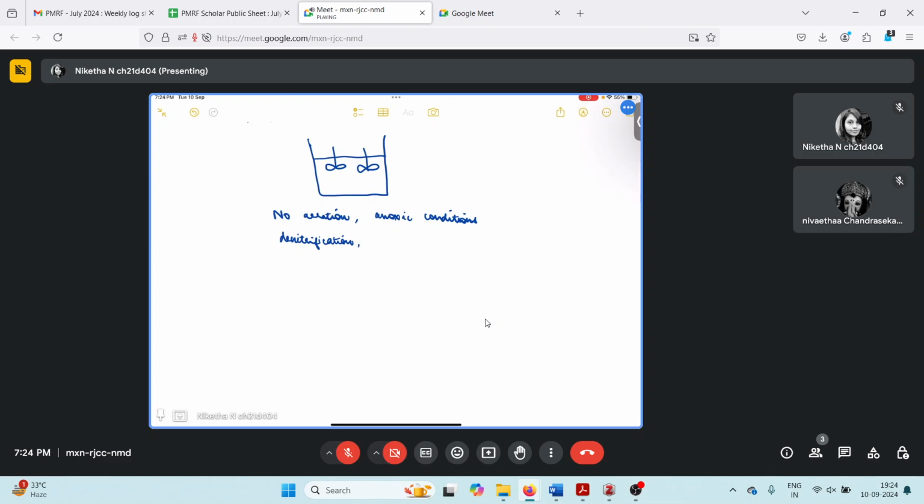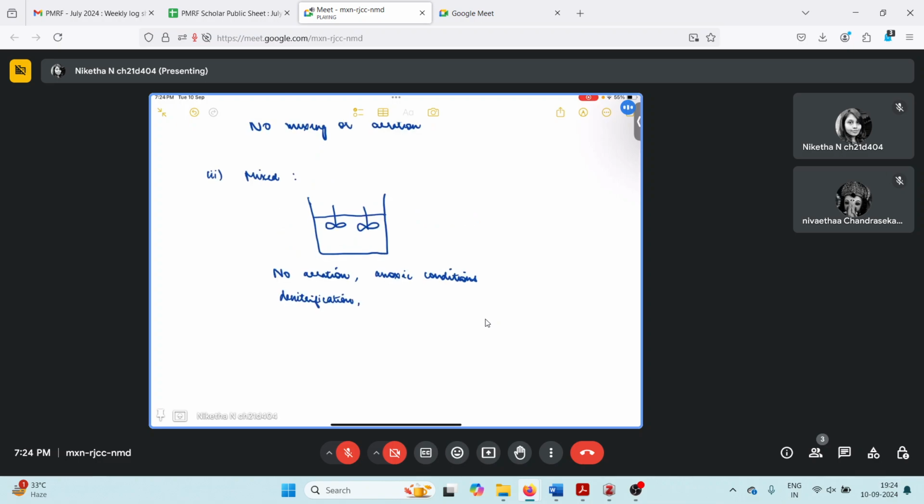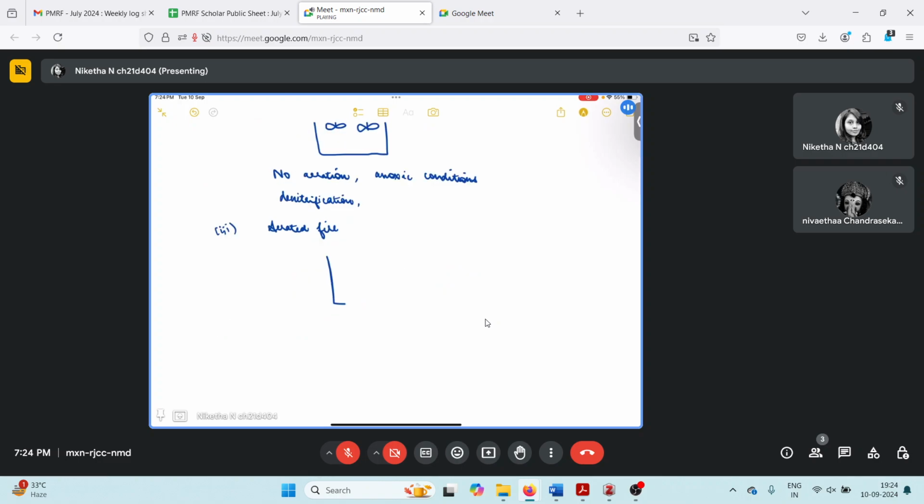And then we have the next process, which is aerated fill. So in this step, we will be aerating the liquid. So we will give some aerators. Oxygen will be supplied.